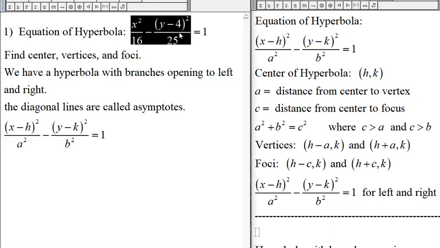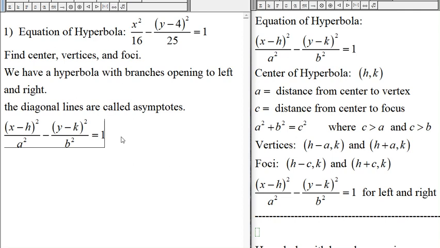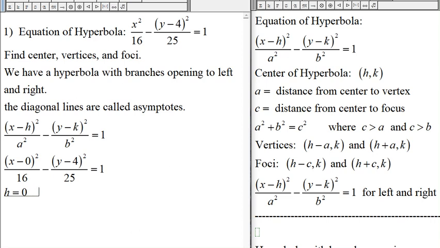Then we can modify this equation a little bit so that it looks like the standard form. So this could be written as x minus 0. So now we have h is 0 and k is 4.